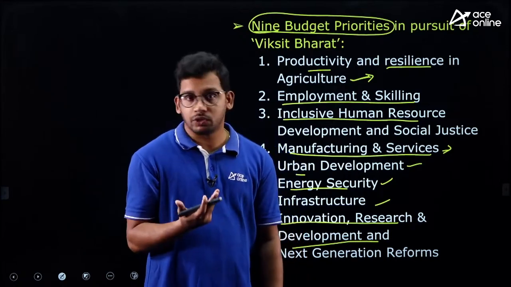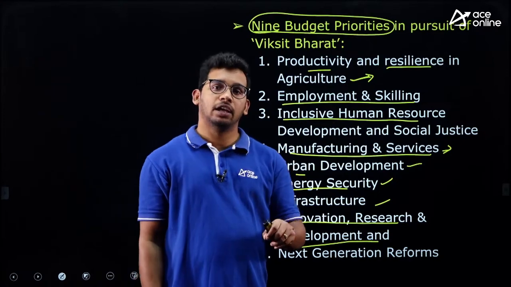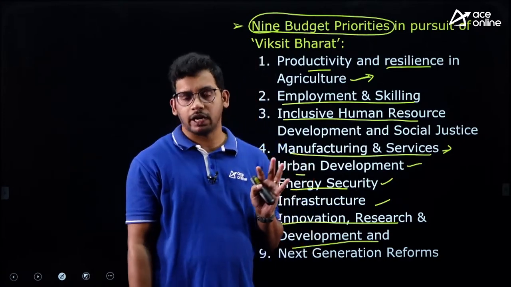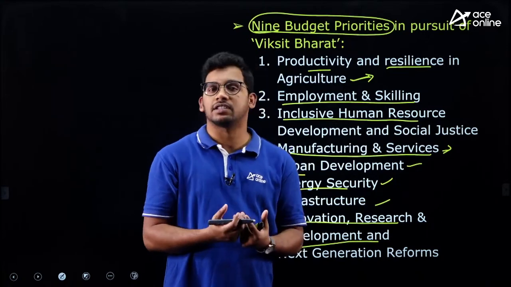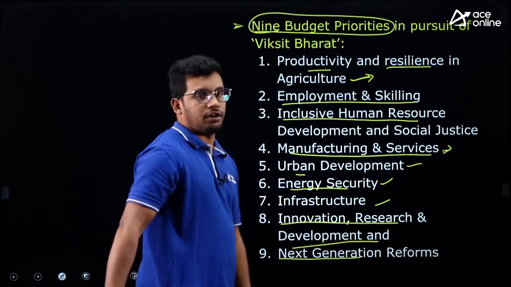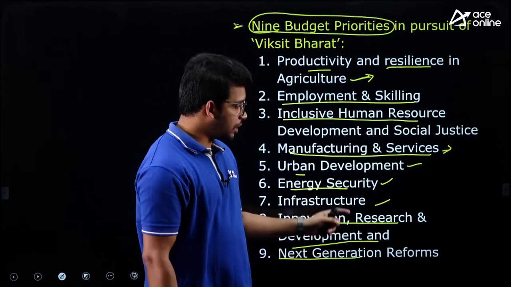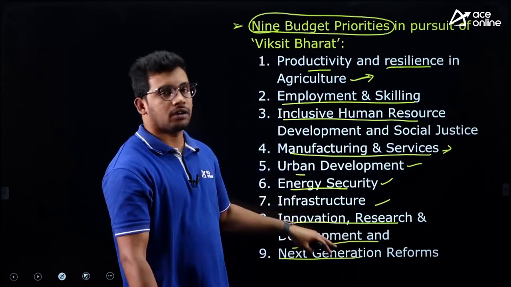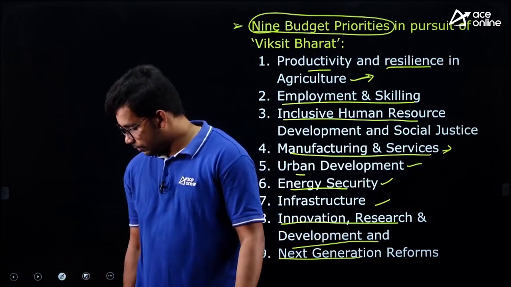They are creating new things, competing with the large or developed countries, but India is still lagging in innovation, research and development, right. So that's why government wants to push patent filing, new research and all through this 8th priority. And finally, next generation reforms. So the advanced ones for the coming generations, whatever requirements are useful, these things are going to be kept under the 9th priority, right.